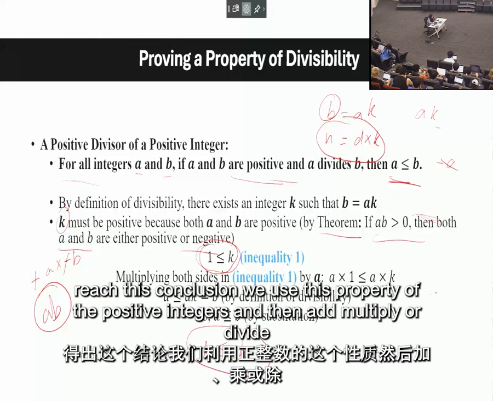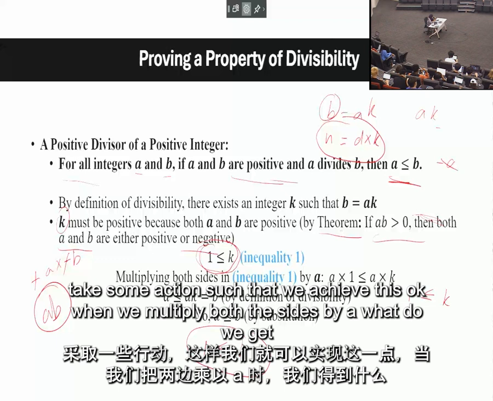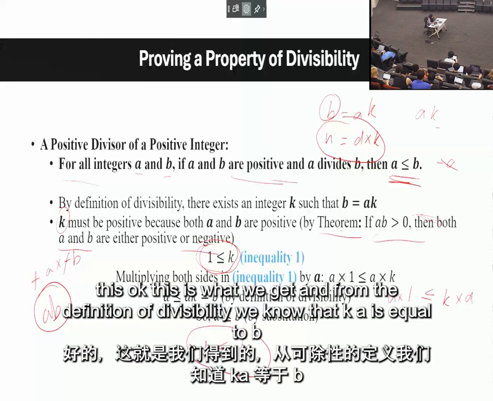We use this property of the positive integers and then add, multiply or divide, take some action such that we achieve this. When we multiply both sides by a, what do we get? This is what we get.